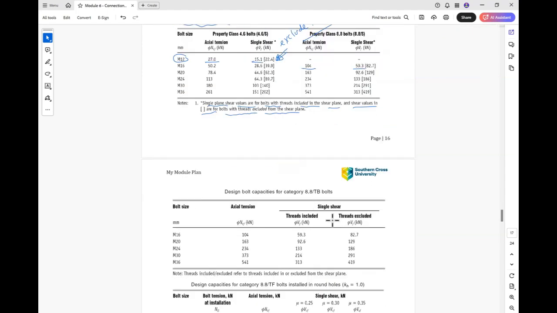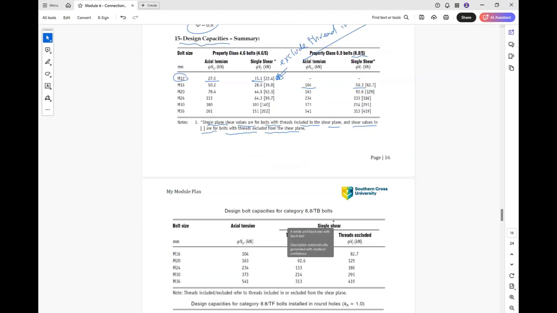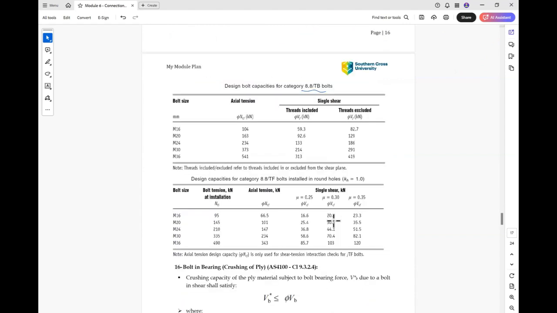Okay, and here is the snug tight bolt 8.8, and this is the tension bearing 8.8, and here is the tension friction 8.8. So this value can be used in consultation design offices, so they can get the value directly from the table.